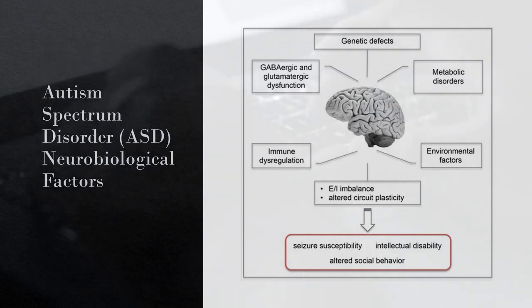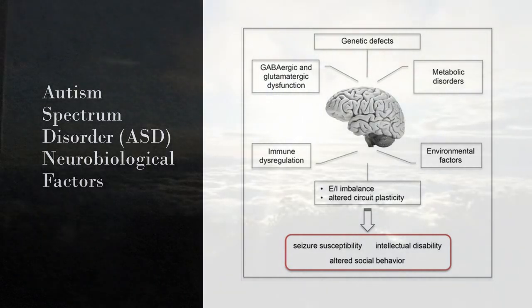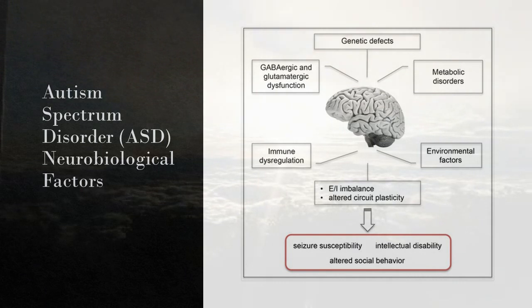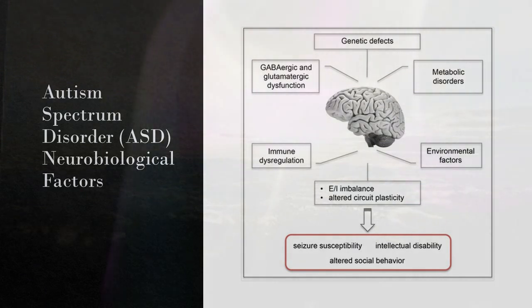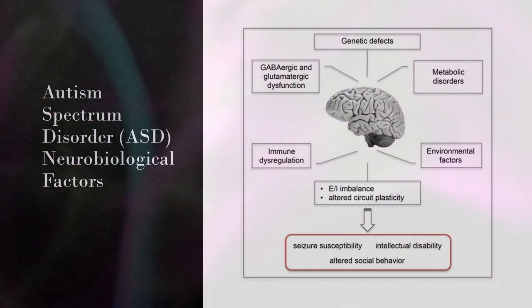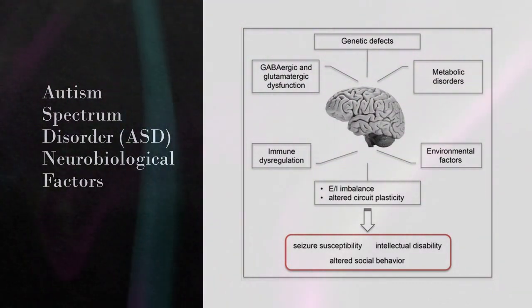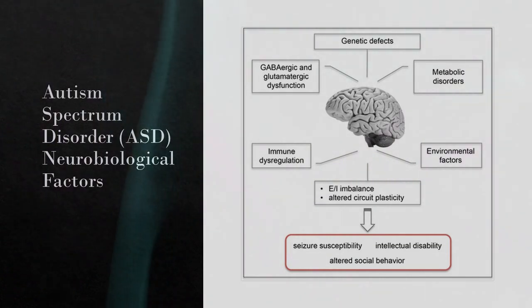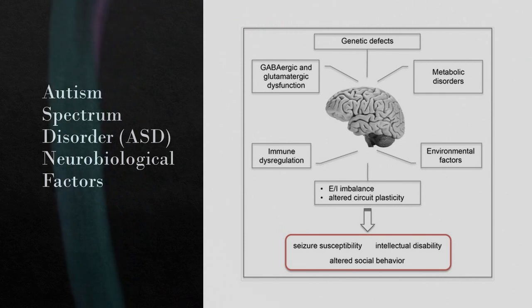There can also be some imbalances in neurotransmitters such as serotonin and GABA, gamma-aminobutyric acid. And so altered neurochemistry functioning can contribute to the challenges that we see within social interactions and communication, as well as some of the repetitive behavior that goes on.